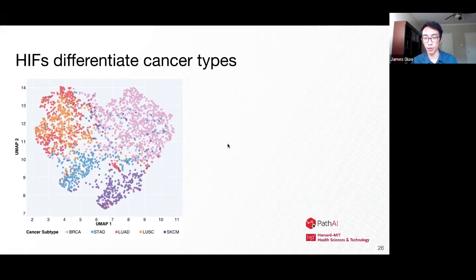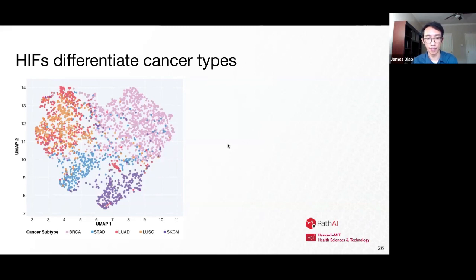So it seems like the HIFs are able to differentiate between the different cancer types. Interestingly, and not terribly surprisingly, the 2 types of lung tumor end up getting meshed together, but still with some separation. We also see that the different types of adenocarcinoma, so lung, stomach, and breast adenocarcinoma, tend to have a little more overlap than, for example, between squamous and other types of cancers.